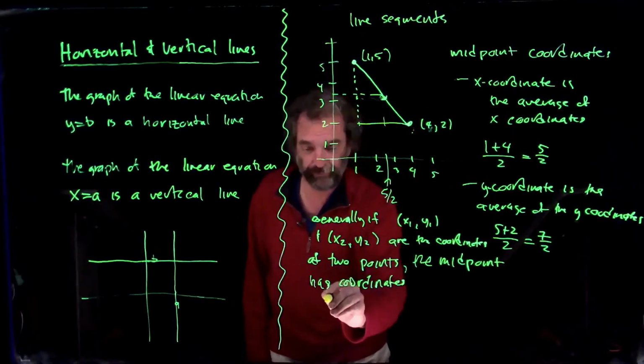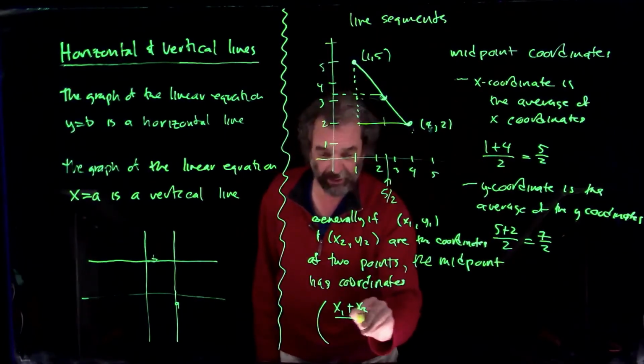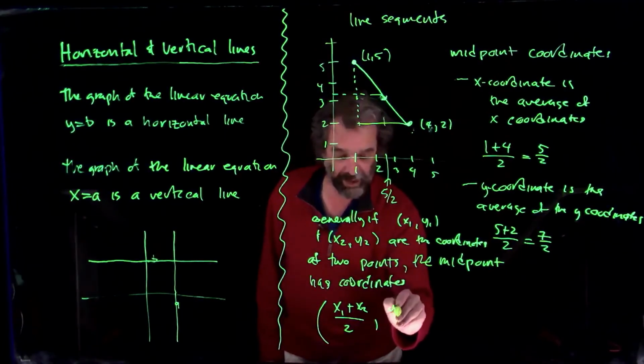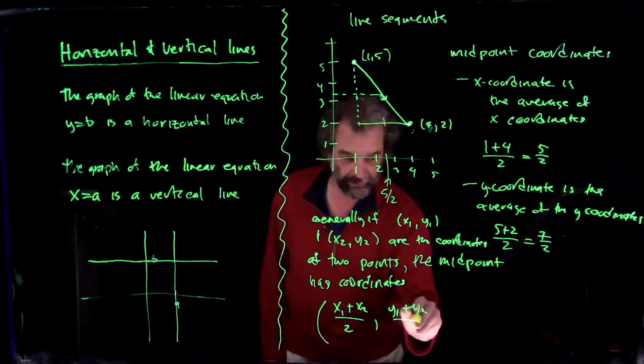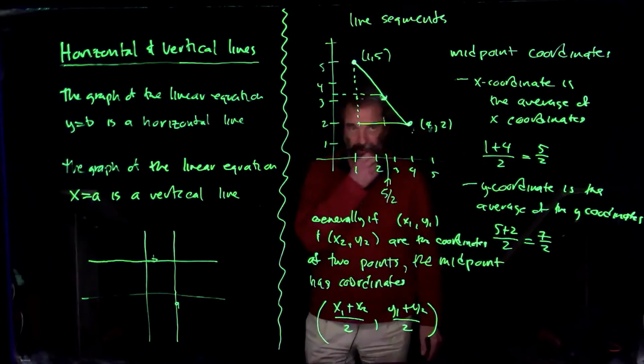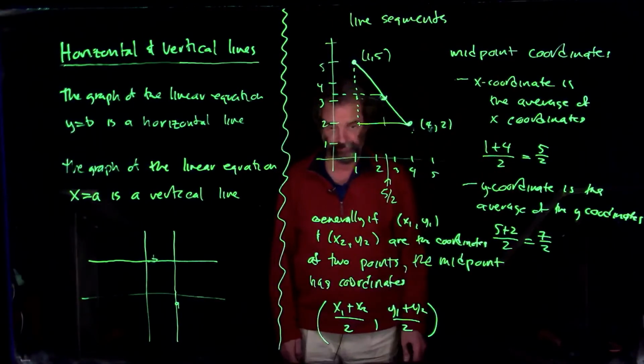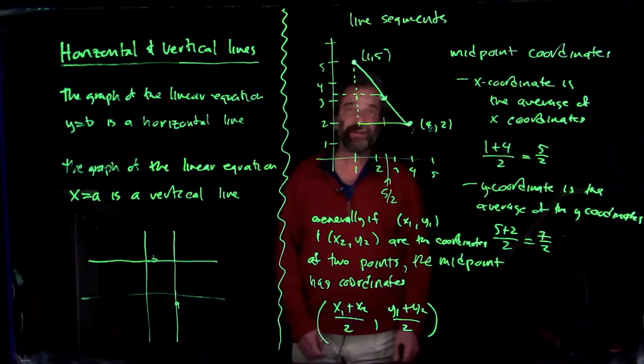So I'll write it down like this: x1 plus x2 over 2, and y1 plus y2 over 2, like that.